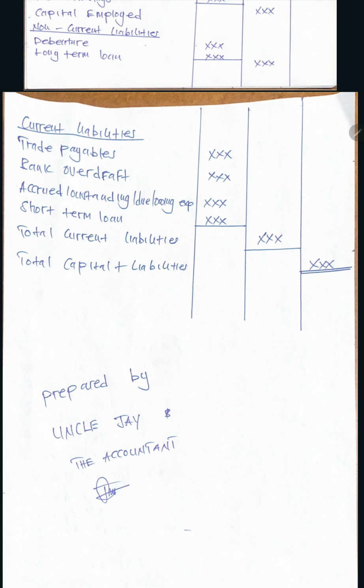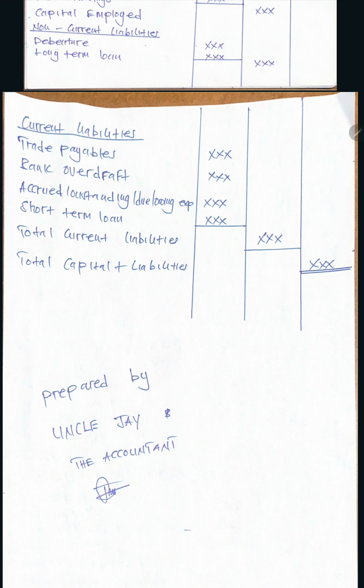It means that we are still owing and we have an obligation to pay as a business. So if you have an obligation to pay back and you haven't yet paid, we add it back here. This is under accruals and prepayment. And then we also have short-term loans. You put there the total you're going to get, as your total current liabilities.